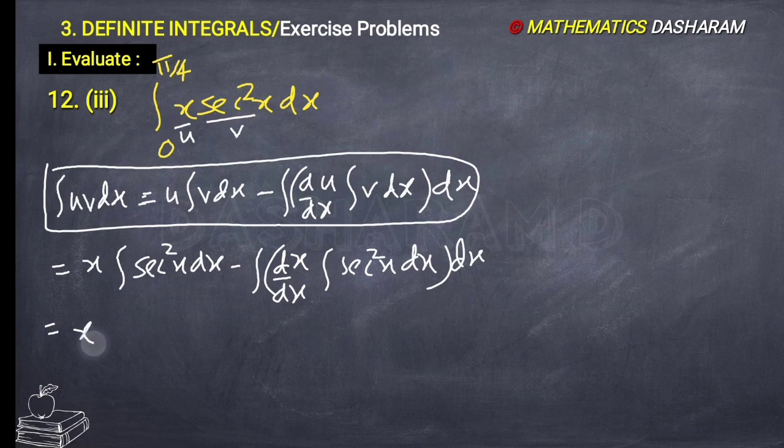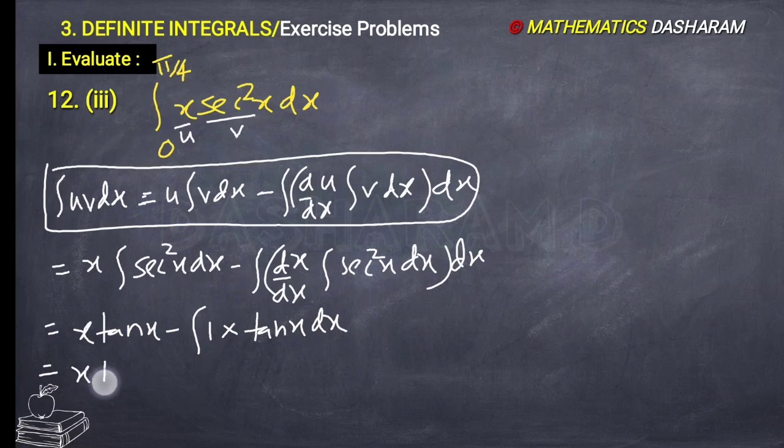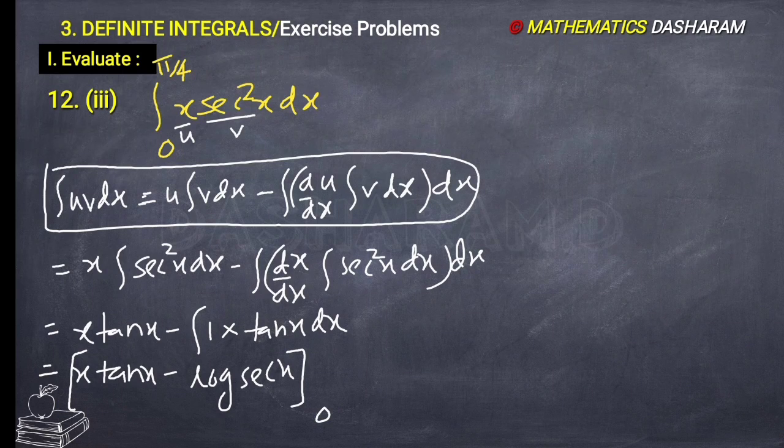It is equal to x into the integration of sec²x, which is tan x, minus, here d/dx of x is 1 and the integration of sec²x is tan x dx. So x tan x minus the integration of tan x, so that is log sec x. Now write the limits 0 to π/4.